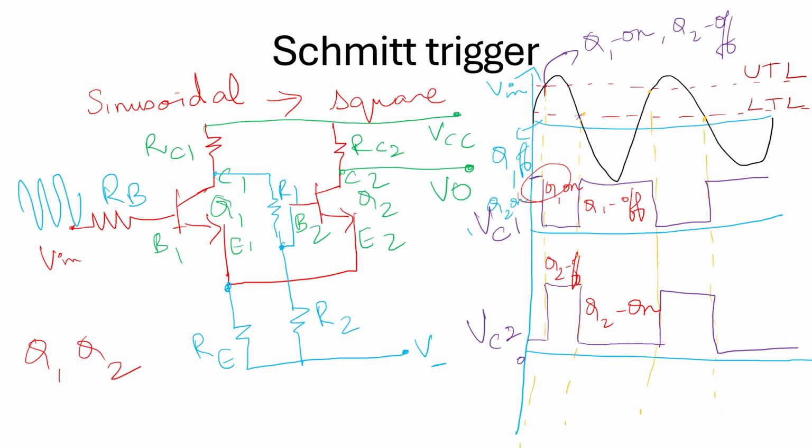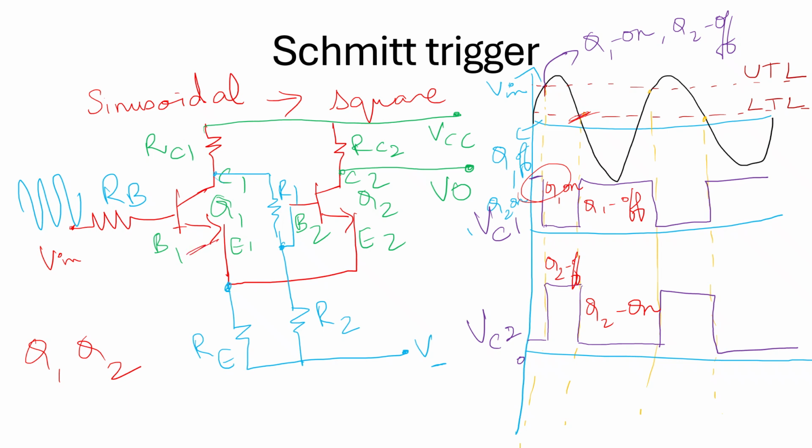After half a cycle of the input voltage, it will be negative going. The transistor Q2 will continue in cutoff till the input voltage falls below the lower triggering level. When it crosses the lower triggering level, transistor Q1 becomes reverse biased due to the negative going input signal.